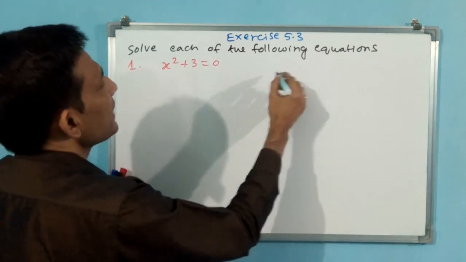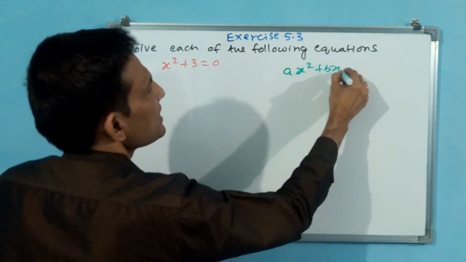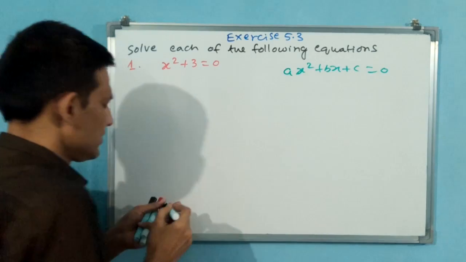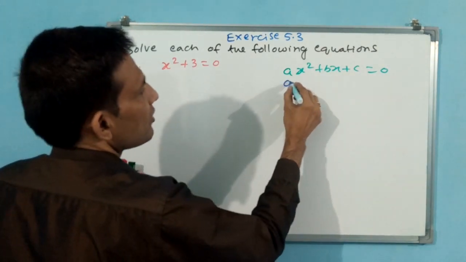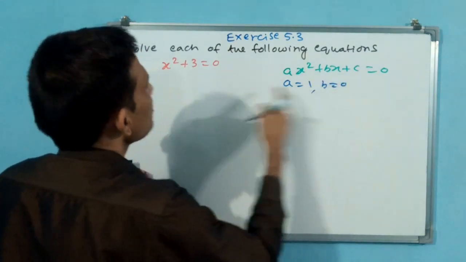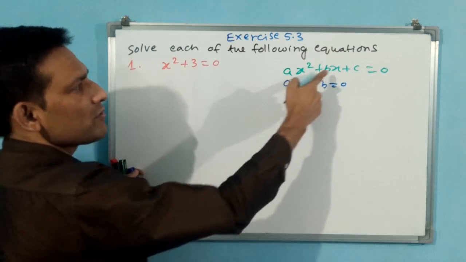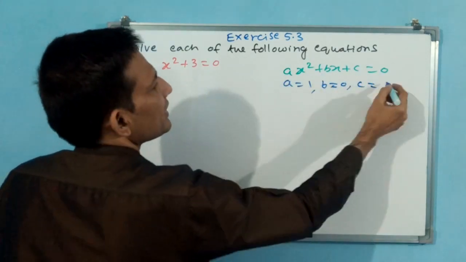See, as per the equation ax square plus bx plus c is equal to 0, if you take this form, then a is equal to how much? 1, because 1x square. b is equal to 0, because bx is not there, 0 into x is 0. c is equal to 3.